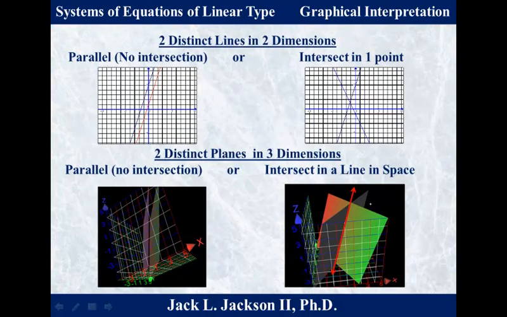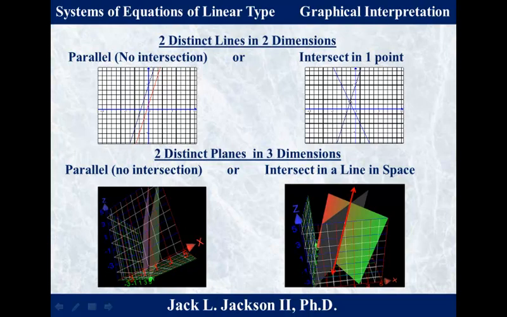Now, let's think back to what we have in 2 dimensions. If you have two different lines, then there are really only two possibilities. Either the two lines are parallel and there's no intersection, so there's no solution to the system of equations represented there, or the two lines intersect in one distinct point, right here in this case.